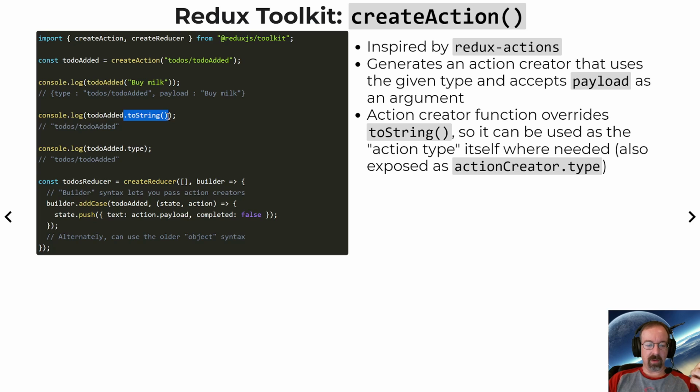By default, it overrides the toString method so that you get back the action type string. It also has it as a field here, and the createReducer method actually lets you use these action creators in a builder syntax to say, handle when this action is dispatched, run this reducer as a result.